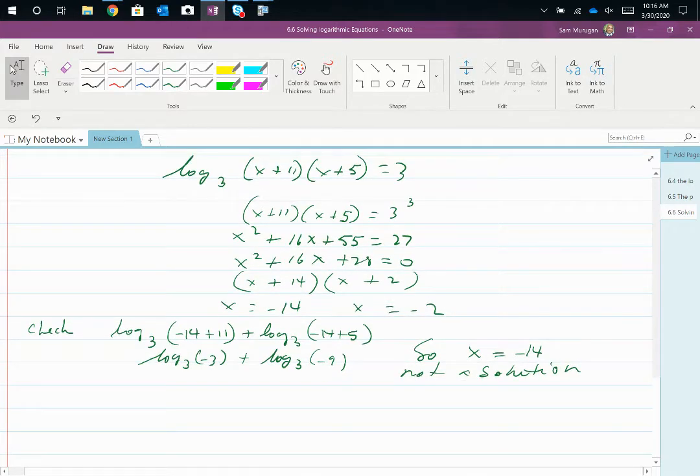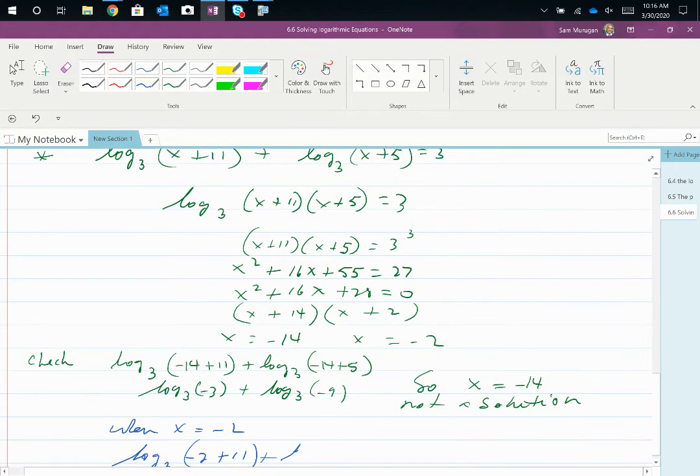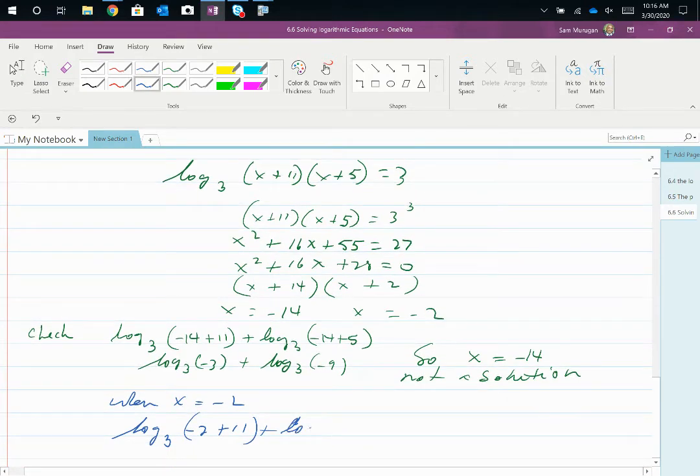However, if we substituted negative 2, we get log base 3 of negative 2 plus 11 plus log base 3 of negative 2 plus 5, which means in both cases we will be taking the logarithm of a positive number.